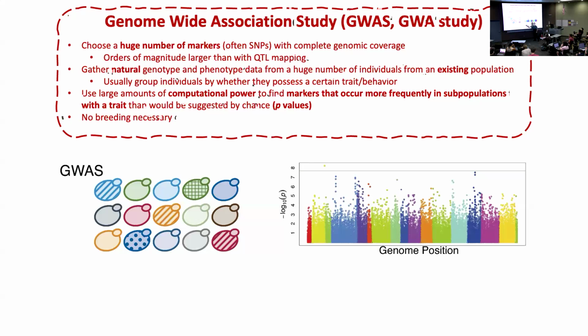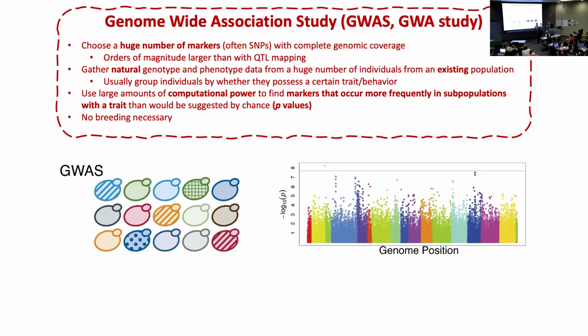With GWAS, maybe it's 10,000 or 1,000,000. We're just going to choose a bunch of markers, usually SNPs, single nucleotide polymorphisms, that vary across the population. And then we're going to gather natural genotype and phenotype data from a huge number of individuals. So like in humans, a huge number of people. And usually when you do human studies, it's phenotype first.